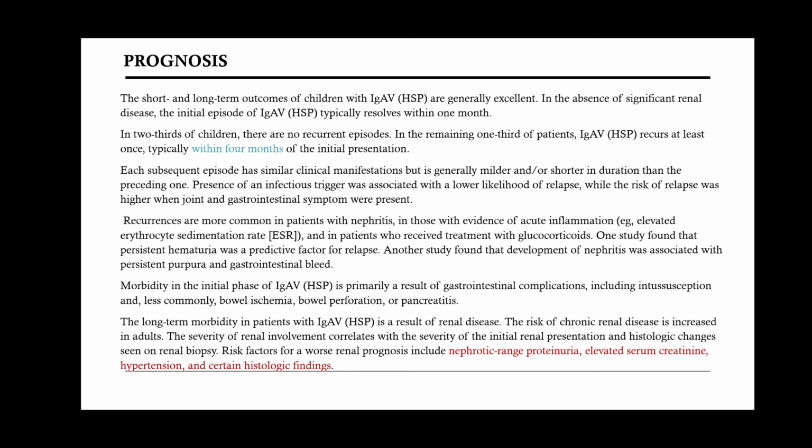The severity of renal involvement correlates with the severity of the initial renal presentation and histologic changes seen on renal biopsy. Risk factors for a worse renal prognosis include nephrotic range proteinuria, elevated serum creatinine, hypertension, and certain histologic findings.